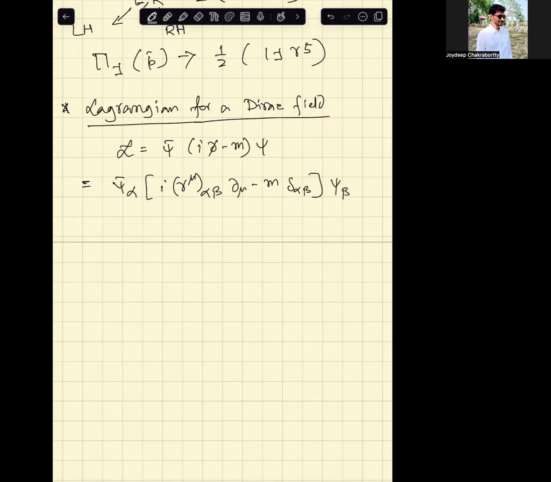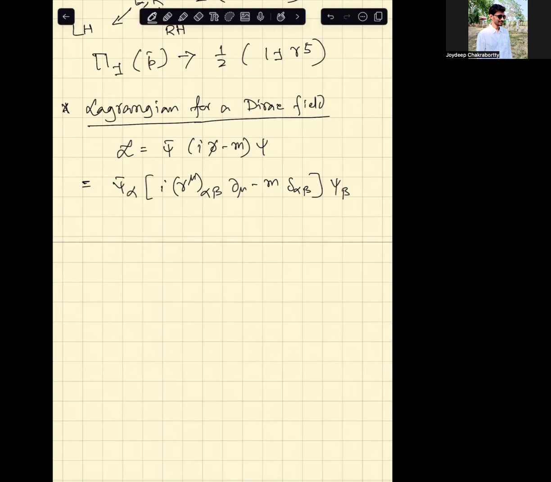So del mu is a space-time operator, so it doesn't have any kind of information about the spin. So spin space in the Clifford space is different from the space-time space. So that's why del mu doesn't contain any kind of spin. But the gamma matrices actually carry the signature of the space-time information, the representations. That's why they have the spin indices here, alpha and beta. And alpha beta are basically the spin indices, you can think of that way.